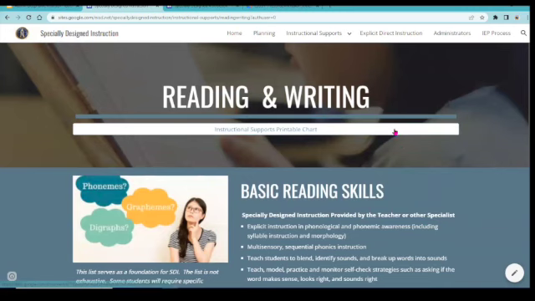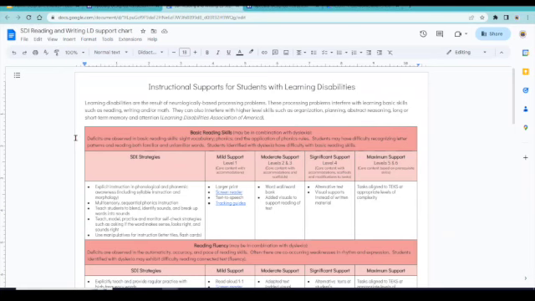There is also a printable version of this. This includes a blurb that explains how a deficit in each area might manifest. And again, we see the SDI strategies organized separately from the accommodations and modifications.